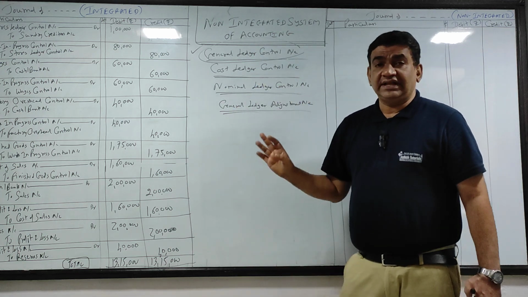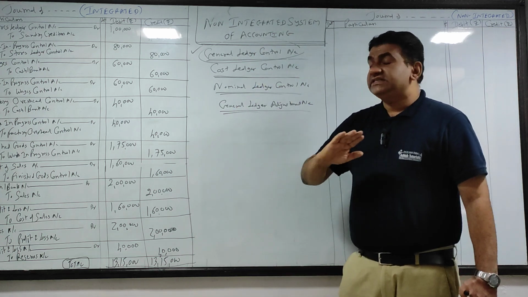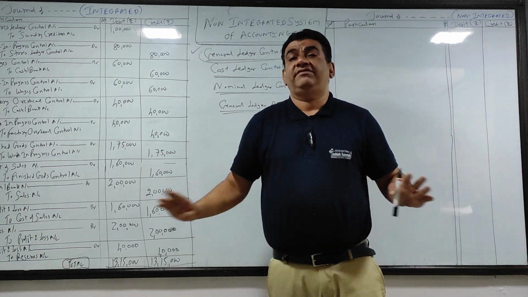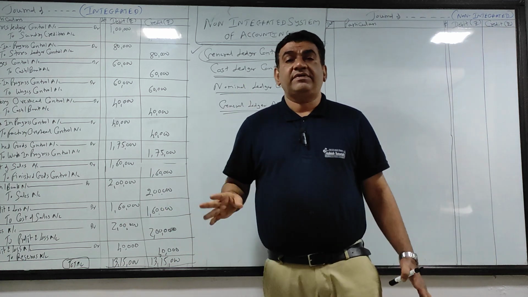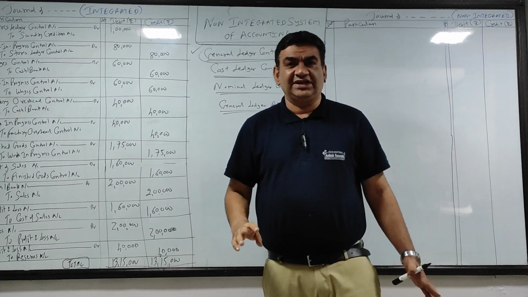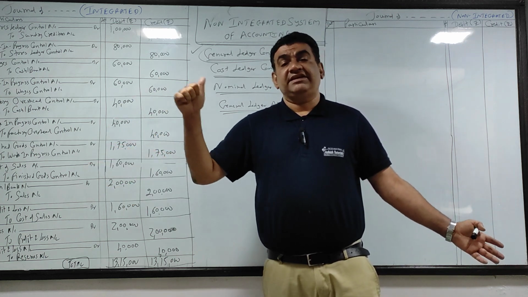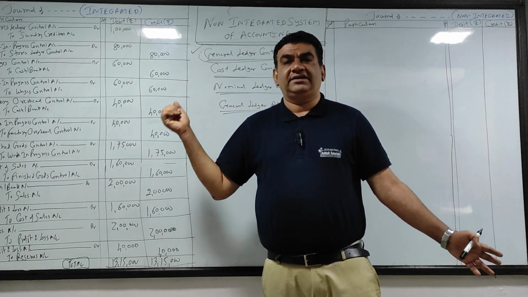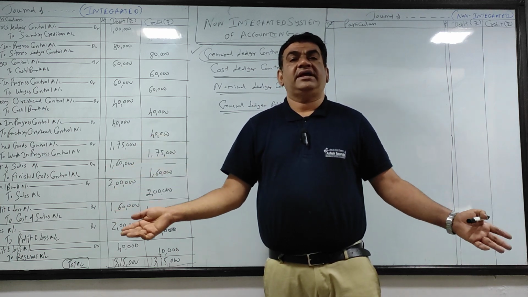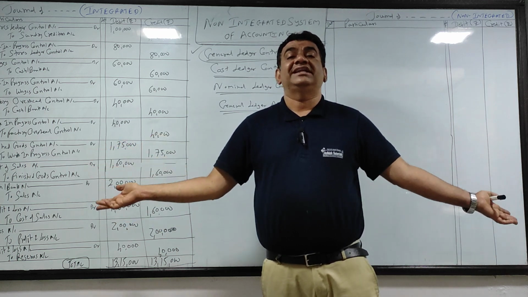Non-integrated system of accounting is a system where there is separate cost account and separate financial account. Right from FIGC, you are all doing non-integrated only. Bookkeeping and accountancy, recording of transactions, FIGC, SYGC, non-integrated. FI, SY, financial accounting, non-integrated.